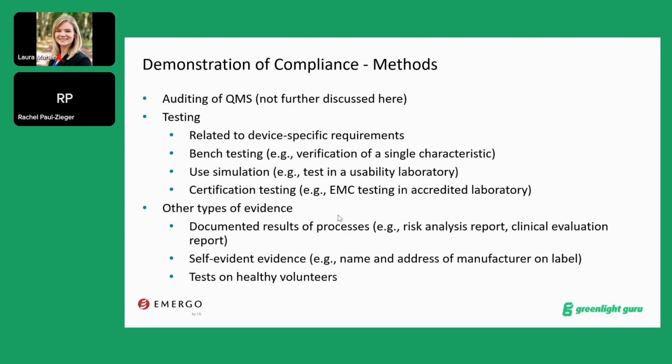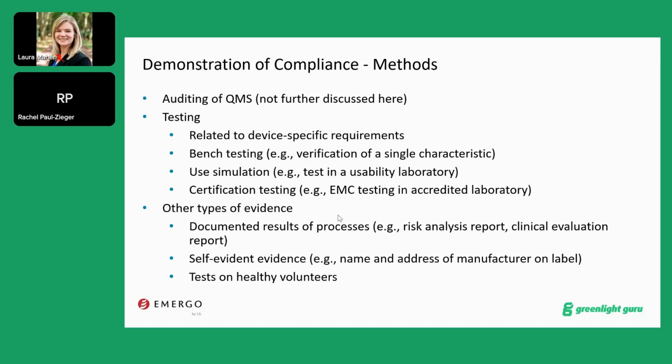You also have other types of evidence that can be generated. For example, it could be documented results of processes, like a risk analysis report or a clinical evaluation report, or also very self-evident evidence.